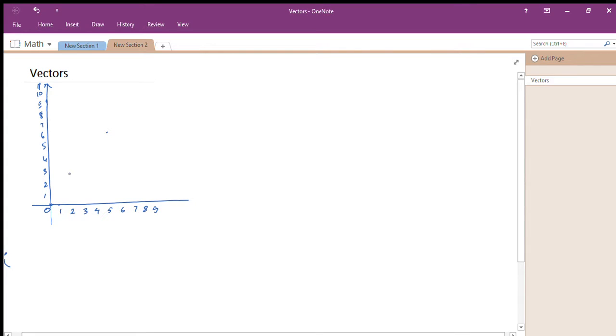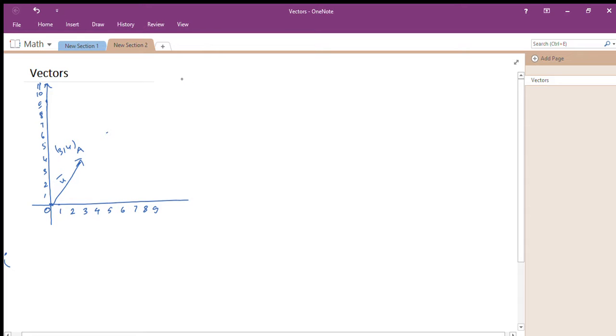So let me just draw this here. Let's say we've got this ray from the origin to this point A, and let me say the point is 3 comma 4. Let me call this u bar.